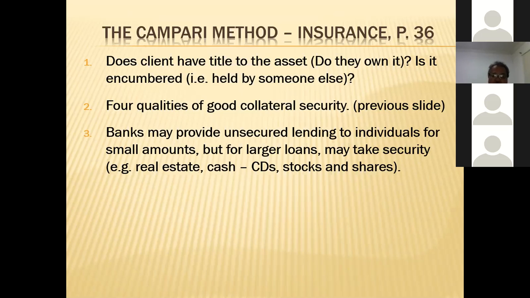Okay, bonds are a little bit more secure than stocks and shares. Treasury bills, our treasury bills here in the Bahamas are fairly solid because they are government backed, government secured.